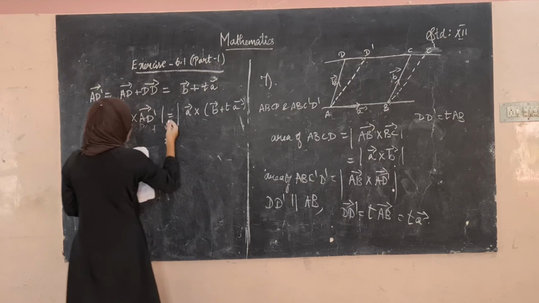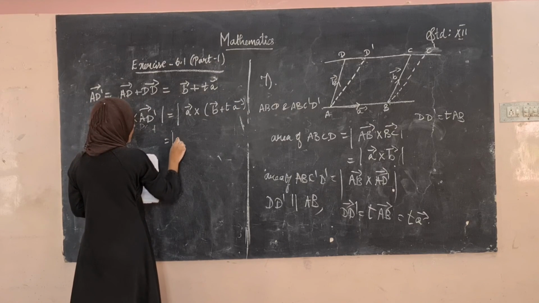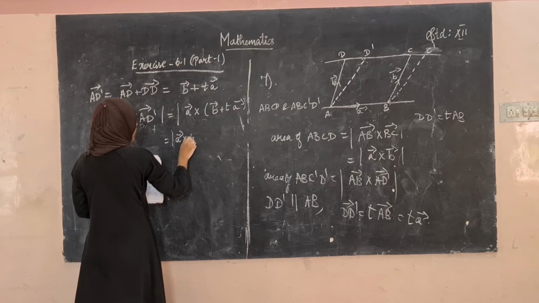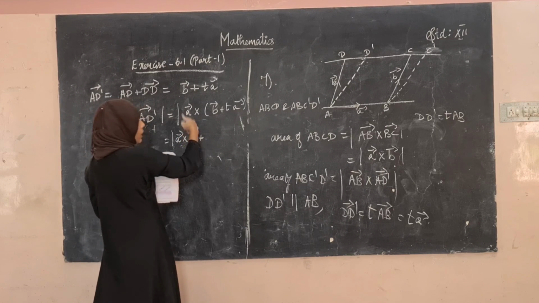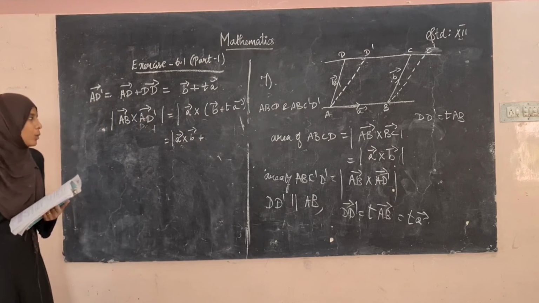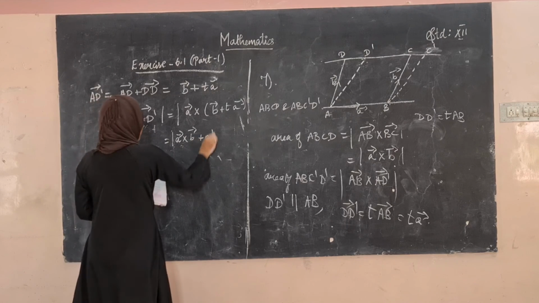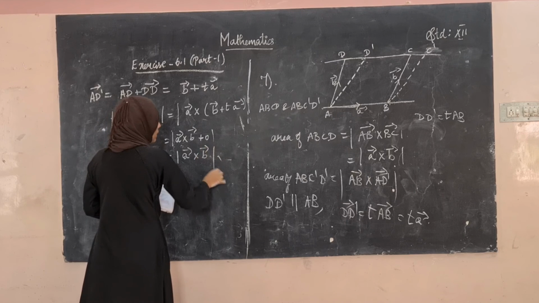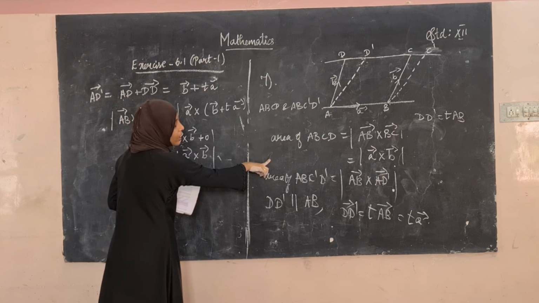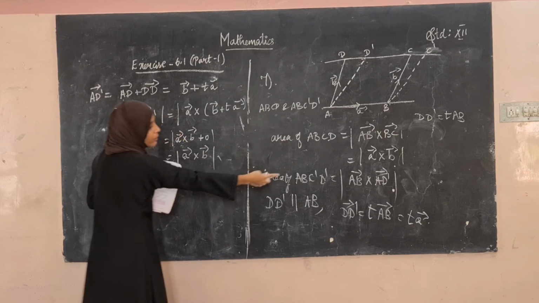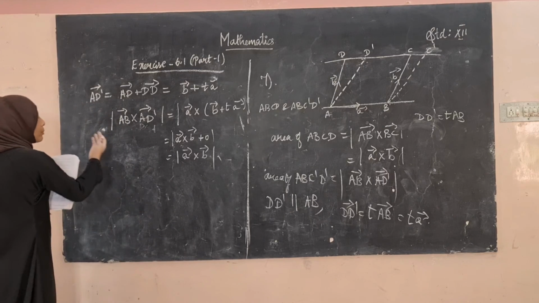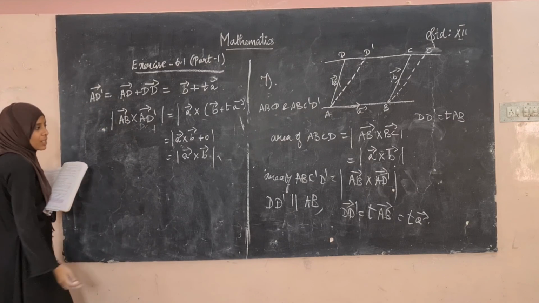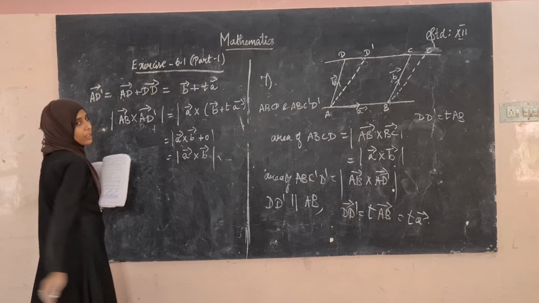On cross multiplying, we get A vector cross B vector plus T times A vector cross A vector, and A vector cross A vector is 0. So this becomes 0, which is equal to modulus of A vector cross B vector. See here, the area of parallelogram ABCD is equal to modulus of A vector cross B vector, and the area of parallelogram ABC dash D dash is equal to modulus of A vector cross B vector.